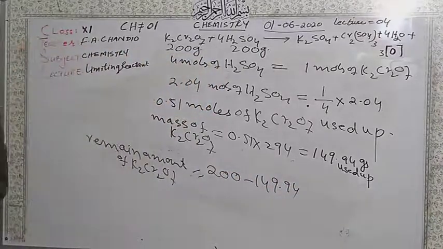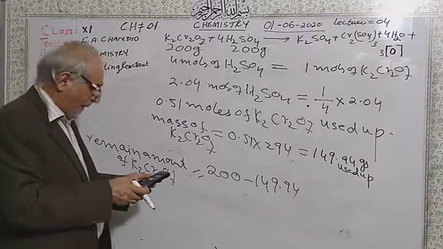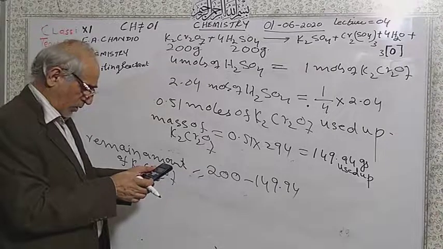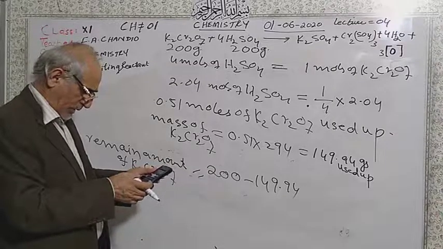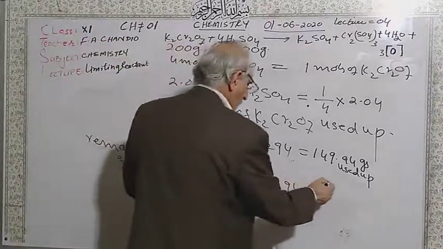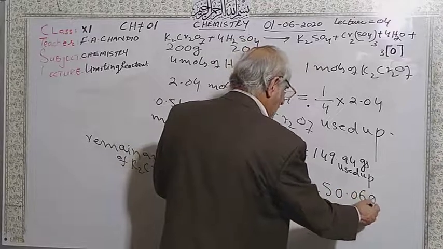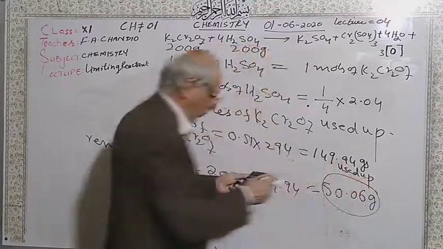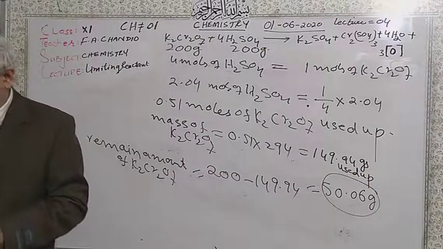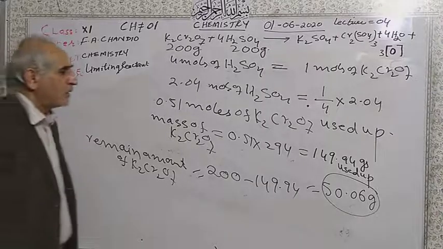So just subtract: the answer is 50.06 grams still remain for the potassium dichromate. About 50 grams.